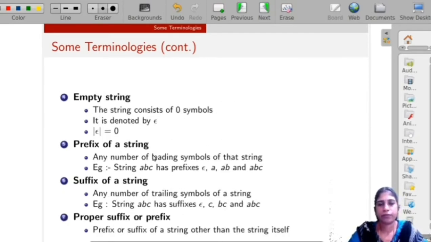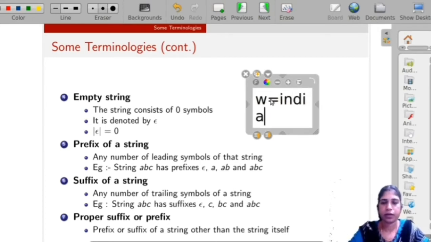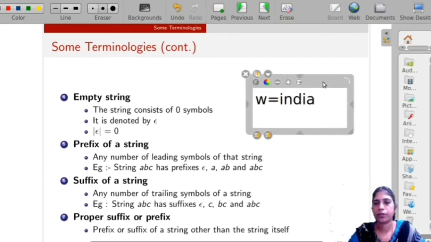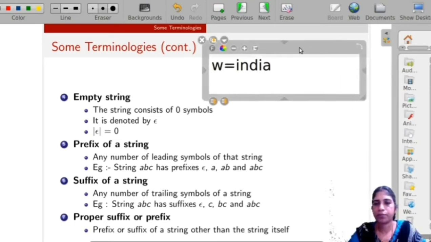Next is prefix of a string. Take the previous string w is equal to INDIA. A prefix of a string means any number of leading symbols of that string.